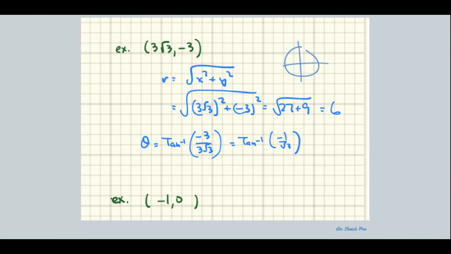I think of 1 skinny slope, 1 over root 3, fat slope, root 3, and in the middle, 1 for the slopes. And 1 over root 3 is 30 degrees, so negative 1 over root 3 is negative 30 degrees.